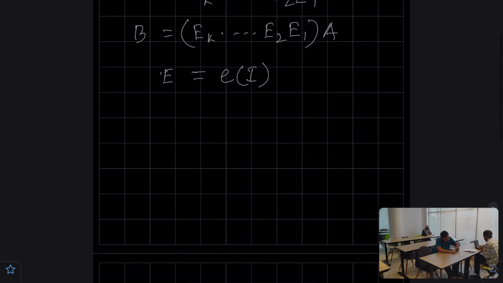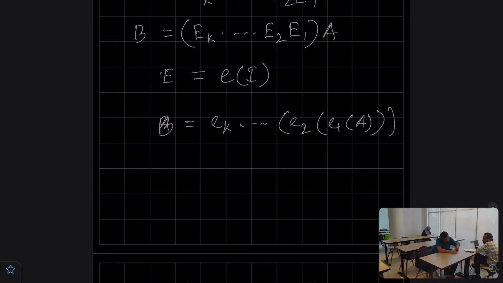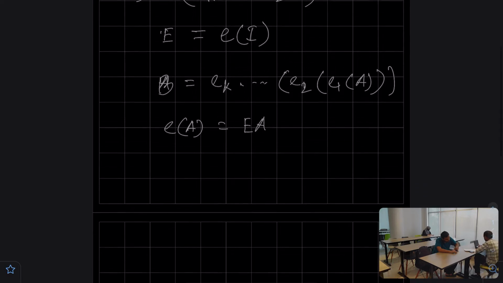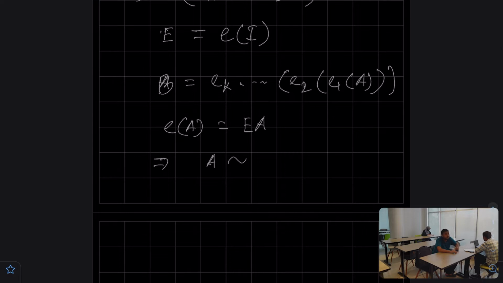So the idea was something like: if A and B are equivalent matrices, then B is equal to some E_k, ..., E2, E1 of A. If this is the case, then we say B is row equivalent to A. But in another theorem, we showed that e(A) is equal to EA for some elementary matrix E. So this equality gives us that A is equivalent to EA.